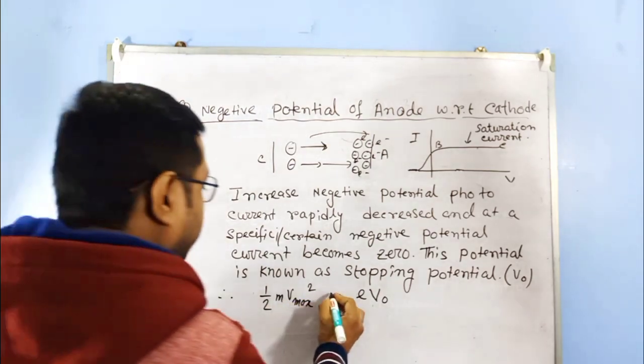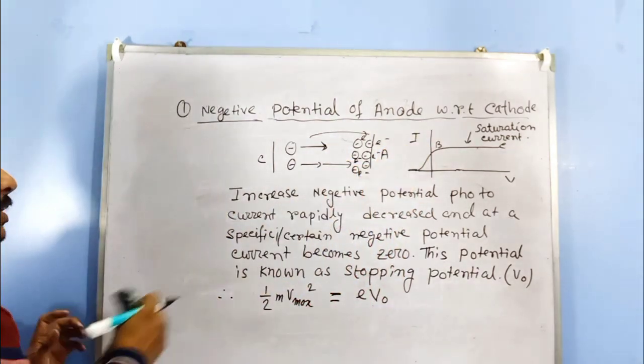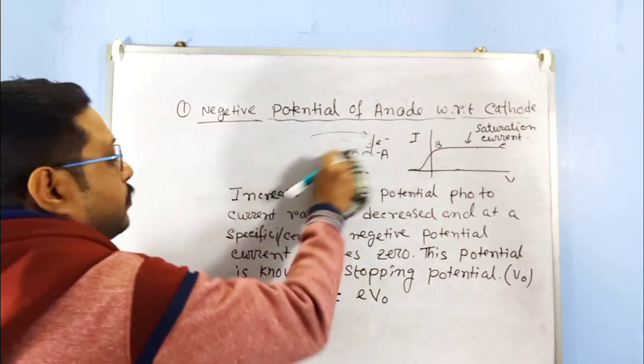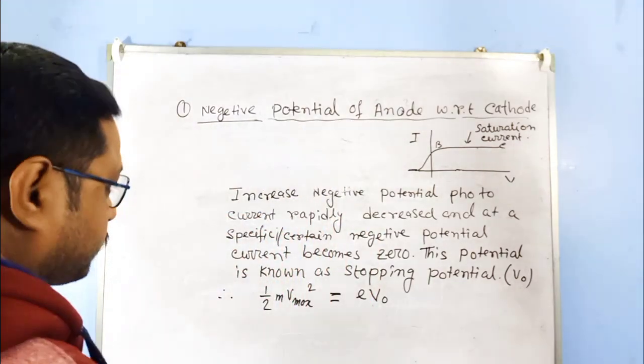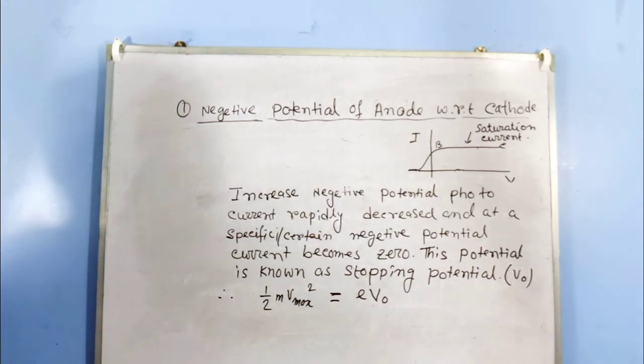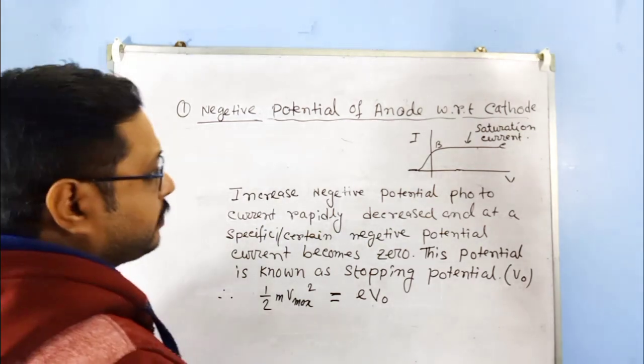Now, if we draw the picture for 3 different intensities, what do we get?